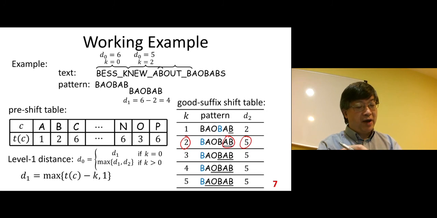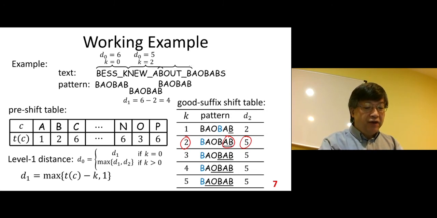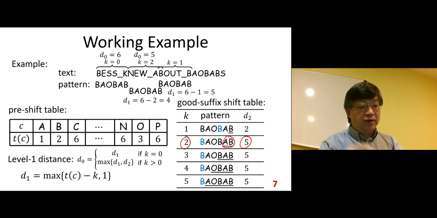Here, our third round. The length of the suffix is 1, so K equals 1. The space is 6, and 6 minus K is 5, so D1 equals 5. And D2 is 2, because of suffix 2.